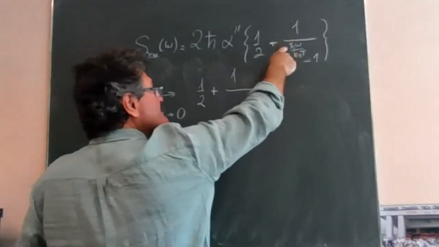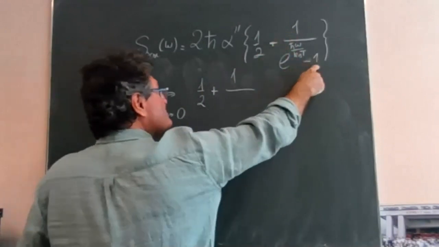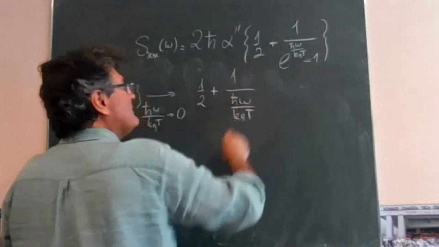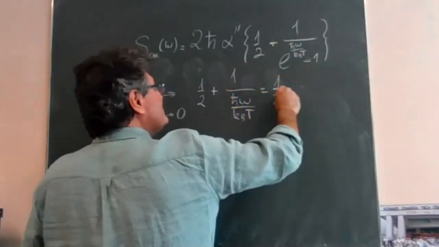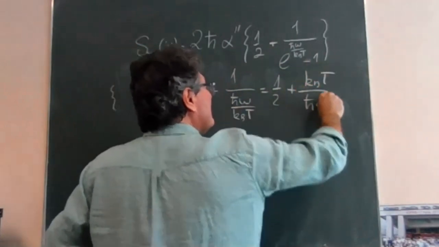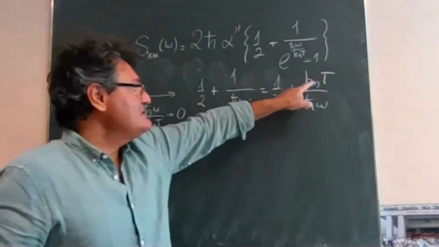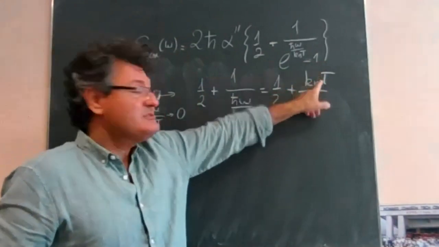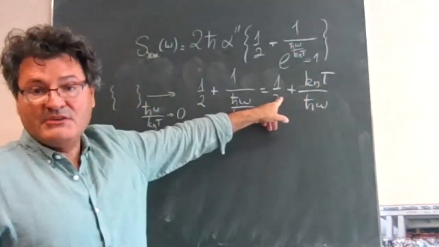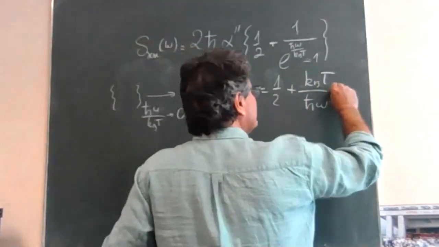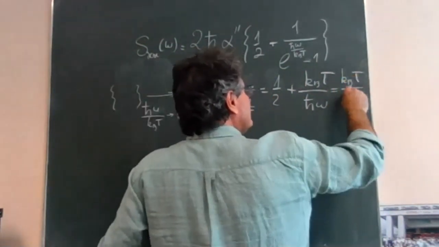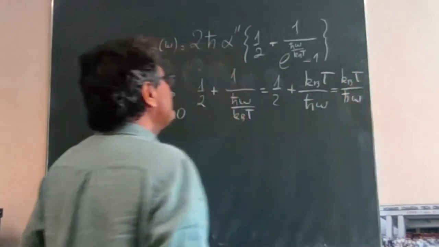This is 1 plus the argument, minus 1, so it is the argument. So this is 1 over 2 plus kBT divided by h bar omega. And then we consider that this is orders of magnitude larger than h bar omega, so definitely it's much larger than one half. So this is kBT over h bar omega.